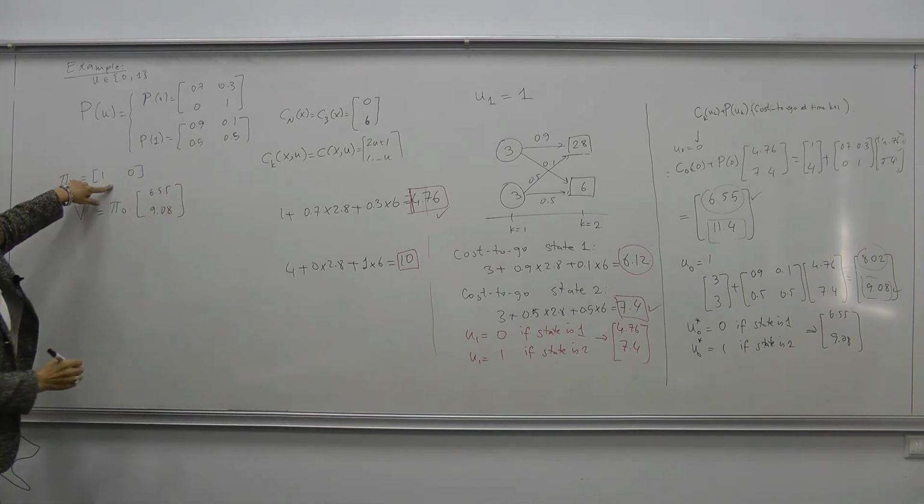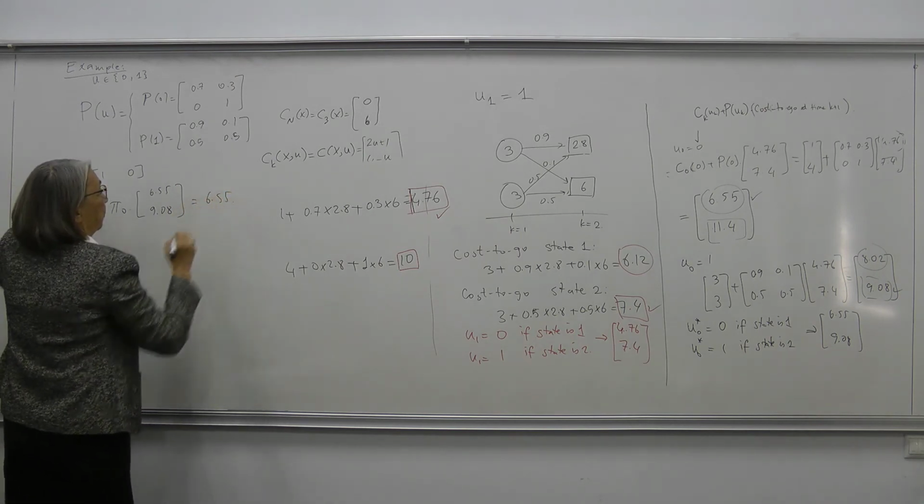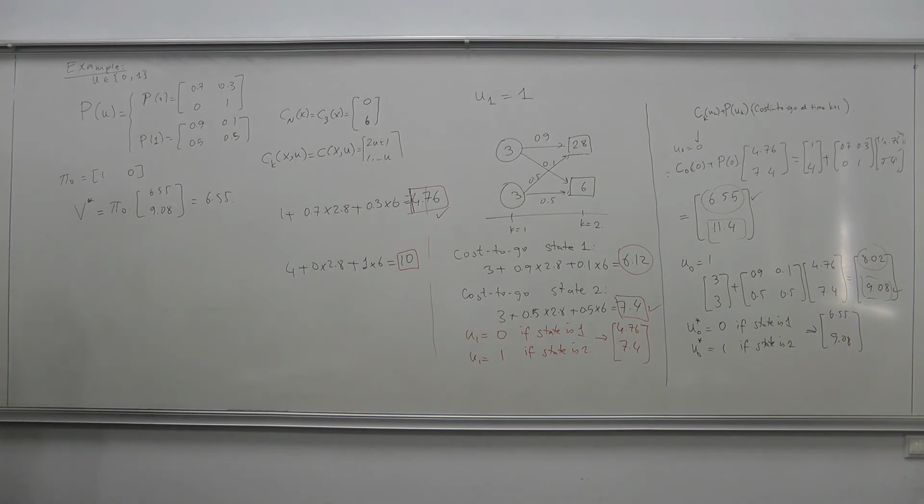And if our pi 0 is 1 and 0, that is simply equal to 6.55. That is the value of the objective function optimized, the minimum value of the objective function.